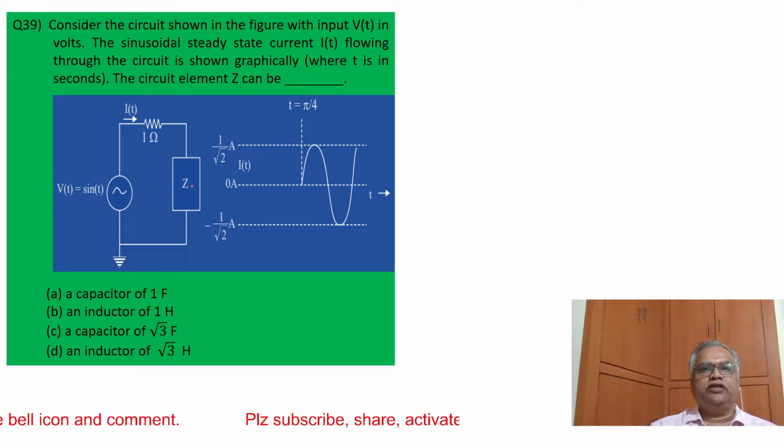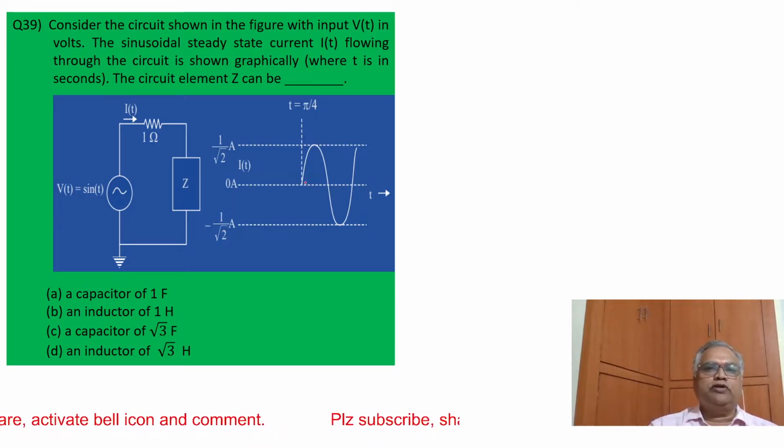Here I(t) has a positive peak of 1 by root 2 and a negative peak of minus 1 by root 2. But if you observe, at t equal to pi by 4, the sine function is becoming 0. That means what is I(t)?